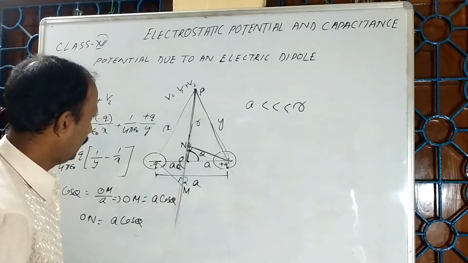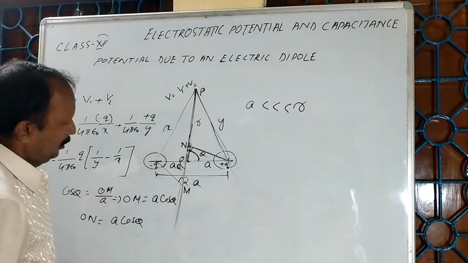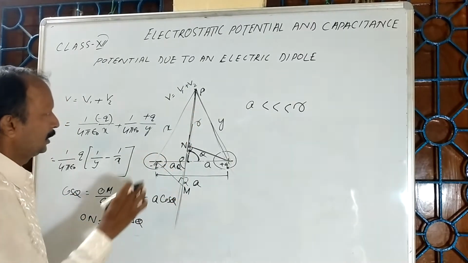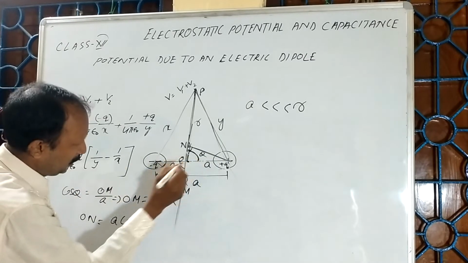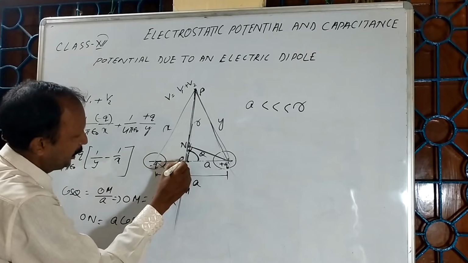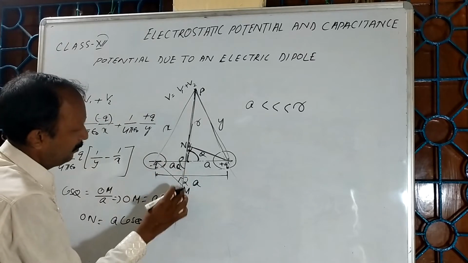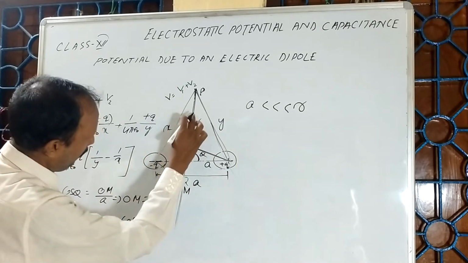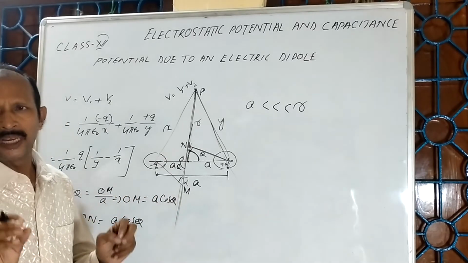Now let us see. In this case, the distance PM is almost equal to PO. How? I said that this A is very small. If I draw the perpendicular, the PM, which is equal to PO plus OM, will be almost equal to x.